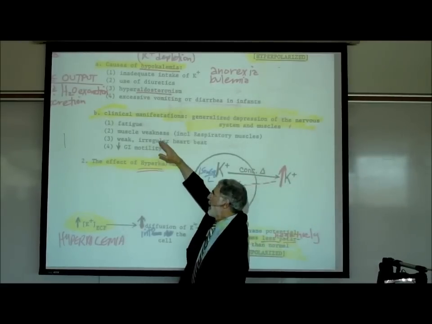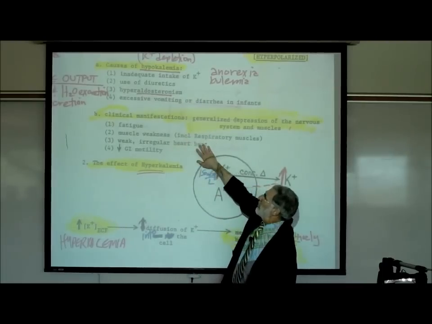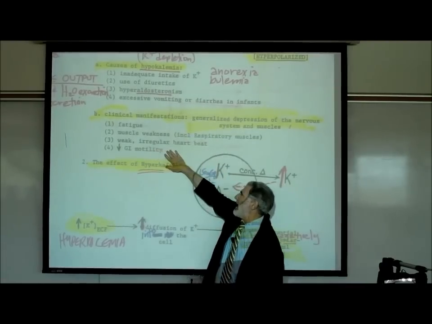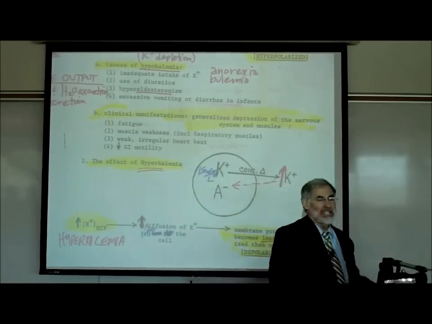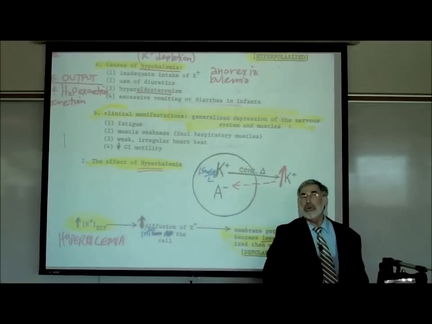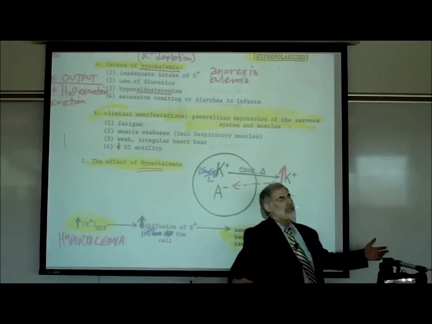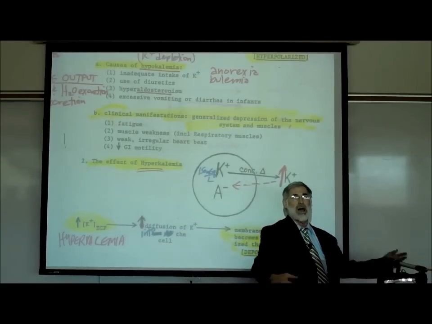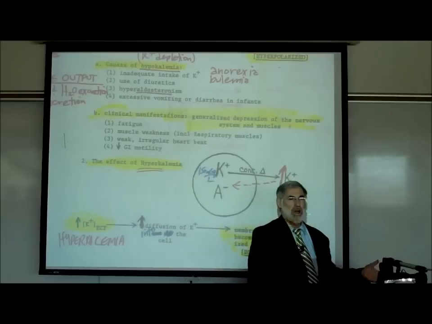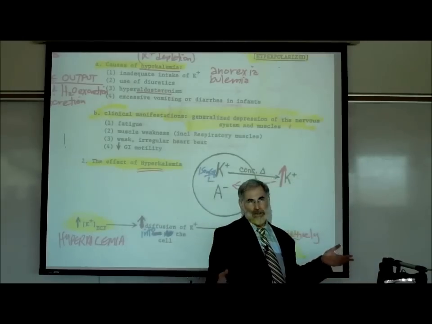Everything slows down. All right? So this is when we see a slowing and weak heart rate, a fatigue, a decrease in activity. The person with hypokalemia becomes really weak. Their heart rate slows down, their blood pressure drops, it's difficult to stay awake. Everything is slowing down in their entire body.